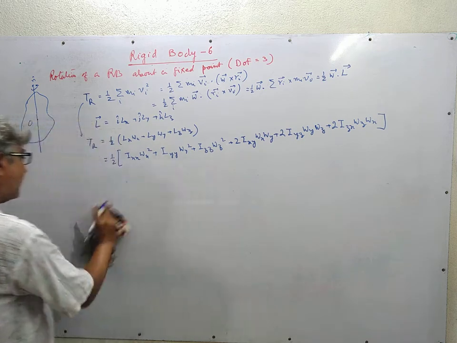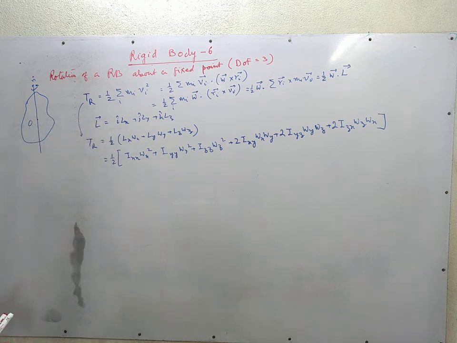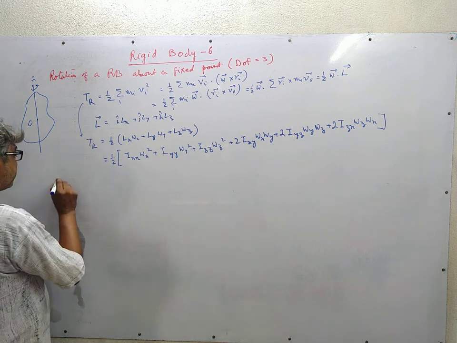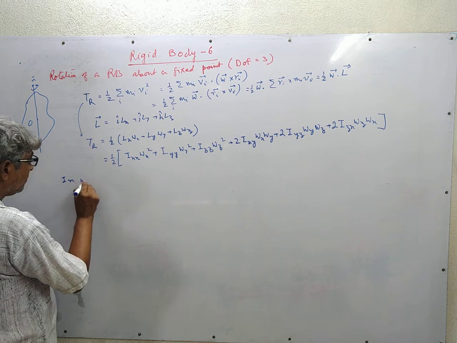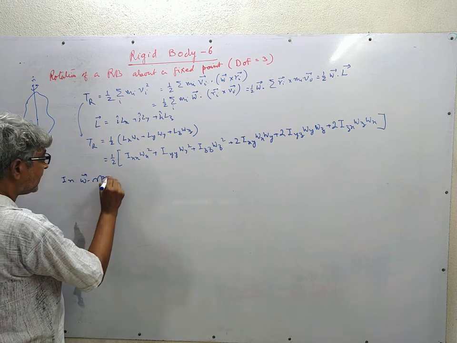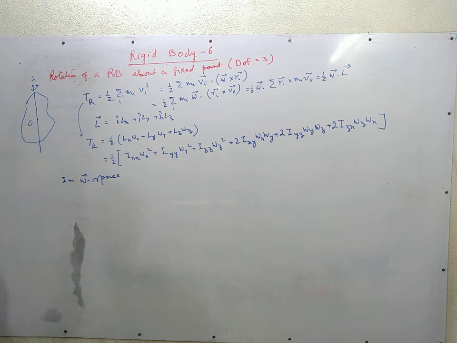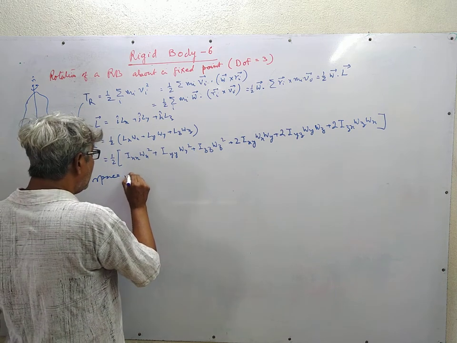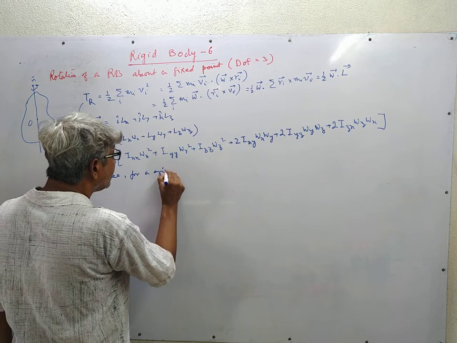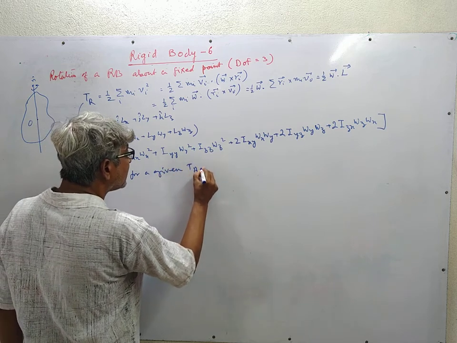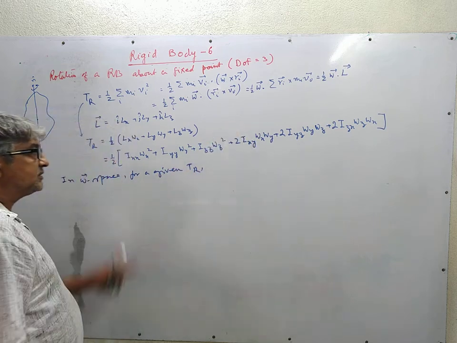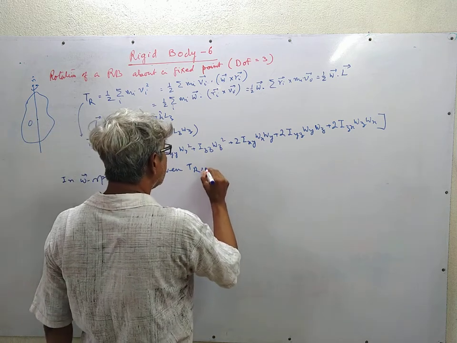If we consider a space spanned by omega, that is, a space spanned by the axes omega x, omega y, omega z, which in this case is the space fixed frame, for a given Tr this is an equation of an ellipsoid.